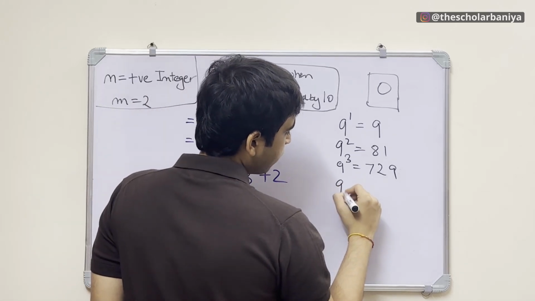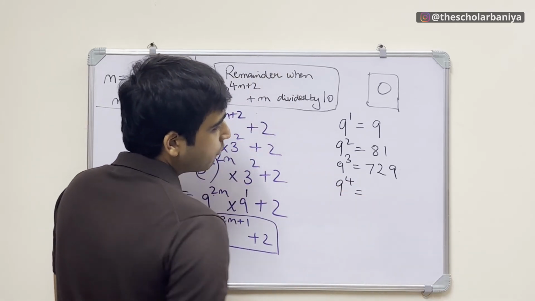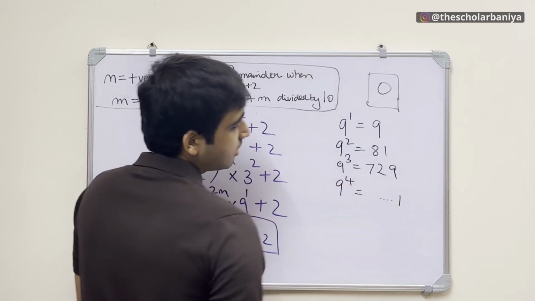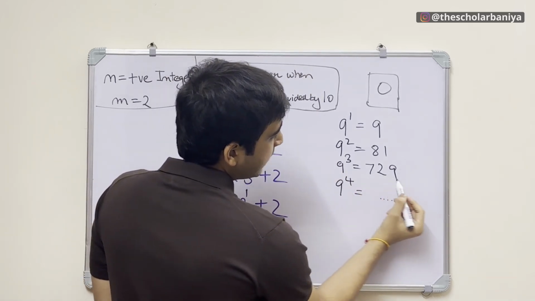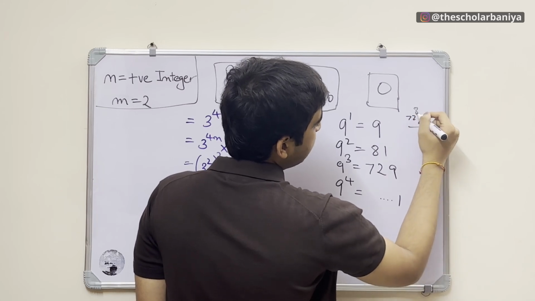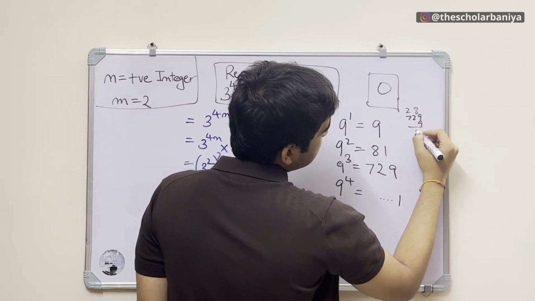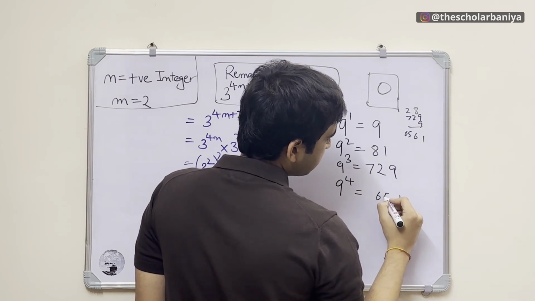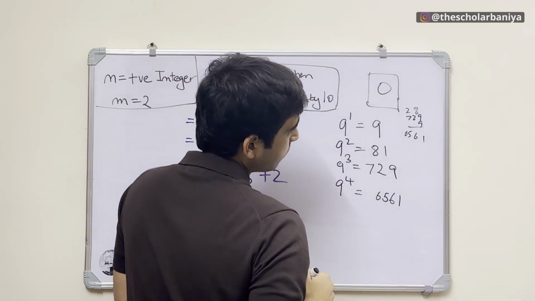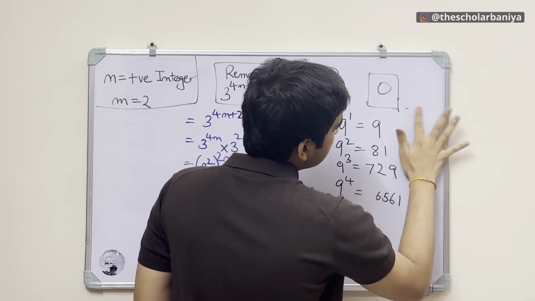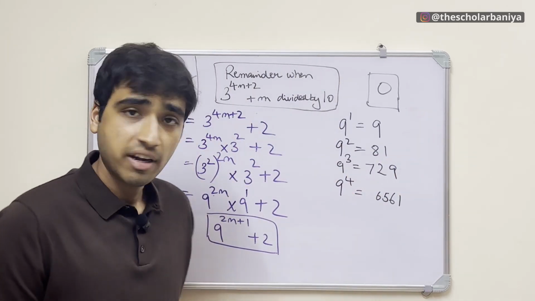What is 9 to the power 4? 9 to the power 4 is this into 9, so 729 into 9, which is 6561. So 9 to the power 4 is 6561.